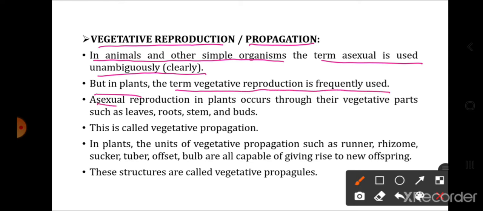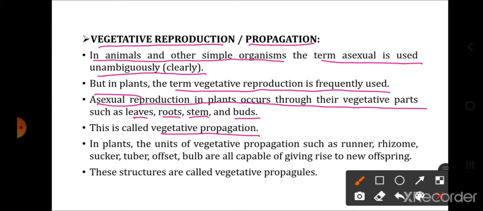Asexual reproduction in plants occurs through their vegetative parts like leaves, roots, stems and buds. And this type of asexual reproduction is called vegetative propagation. Now see students, we know that in 11th standard we studied that plant parts can be divided into vegetative parts and the floral parts or sexual parts.